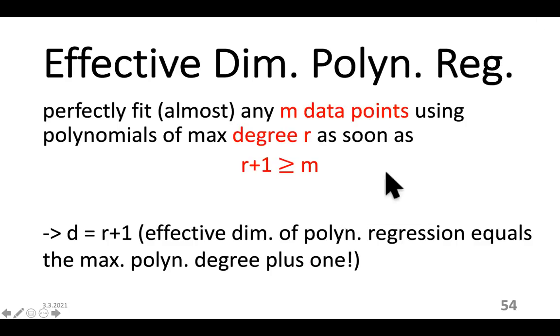For the set of polynomials of degree r, the effective dimension is r plus 1. You can perfectly fit any m data points using a polynomial of maximum degree r as soon as r plus 1 is larger than or equal to the number of data points. This is also related to the fundamental theorem of algebra.